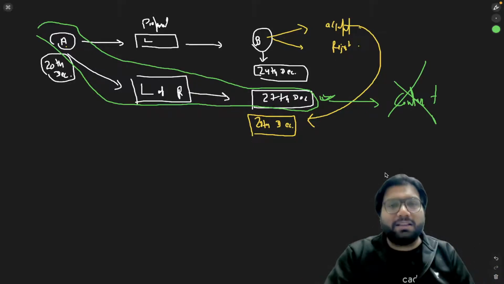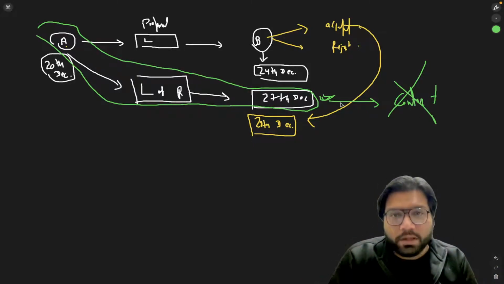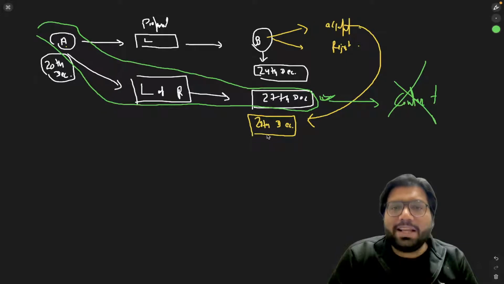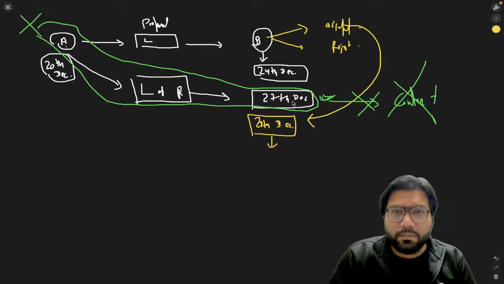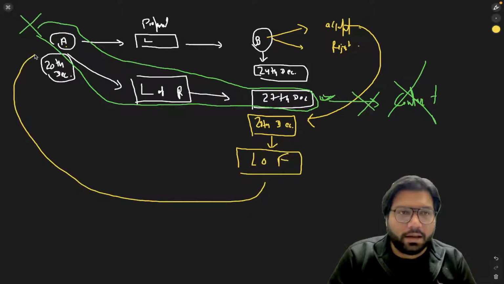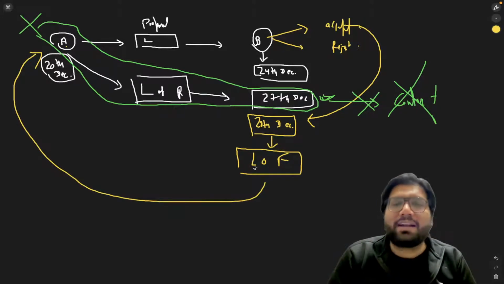Now, let's take another example. What if on 28th of December, this letter has not been received? Just assume this letter has not been received, and on 28th of December Mr. B writes a letter of acceptance to Mr. A, and he posted that letter on 28th of December.